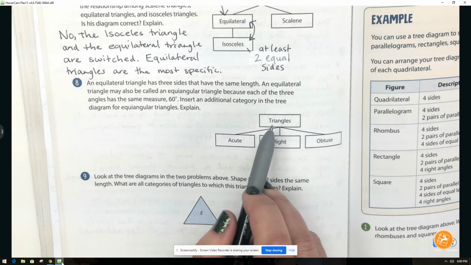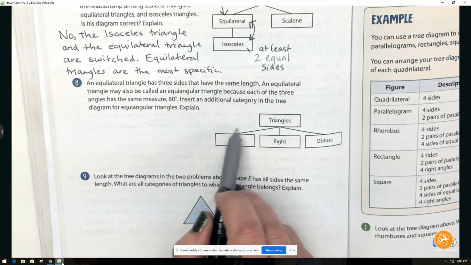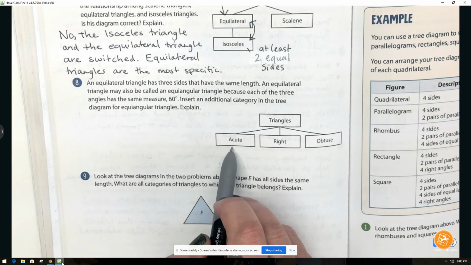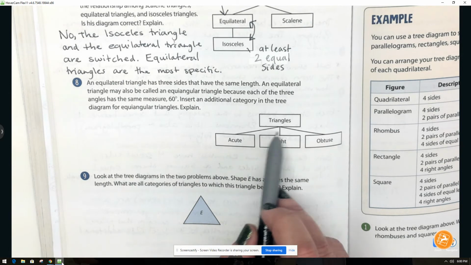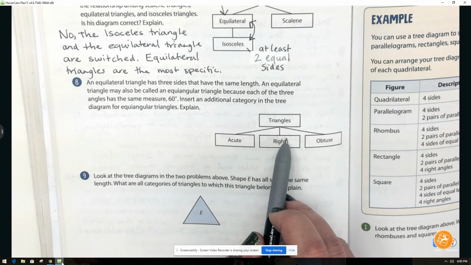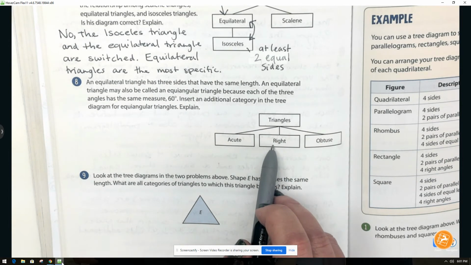Explain. So we know that triangles have three sides. Acute triangles have all of the angles less than 90 degrees. A right triangle has one angle that is 90 degrees, and then the other two can be something else, but one angle has to be 90 degrees.